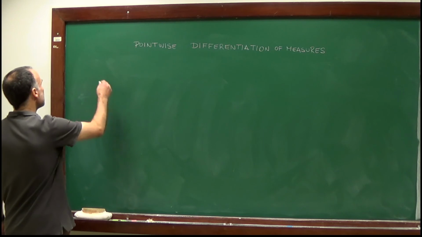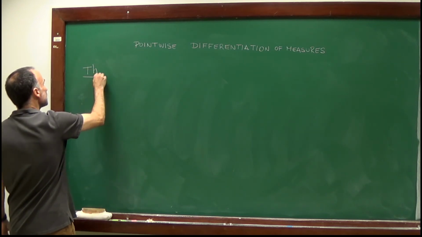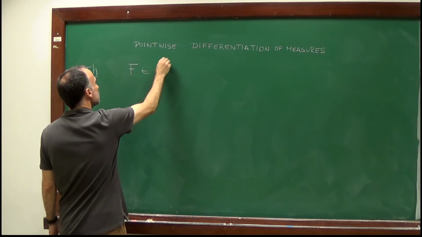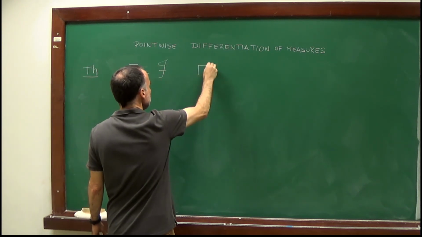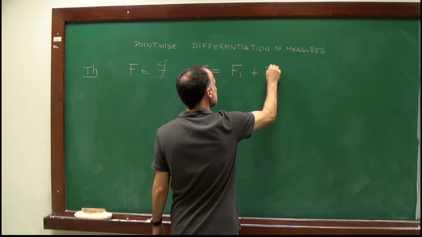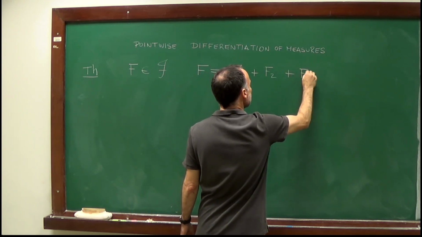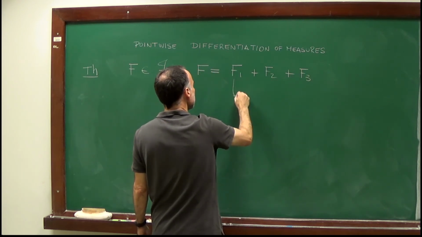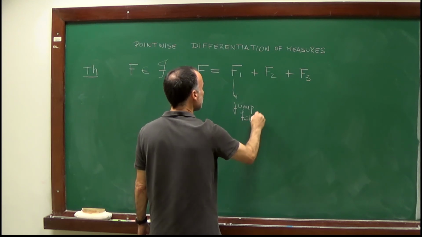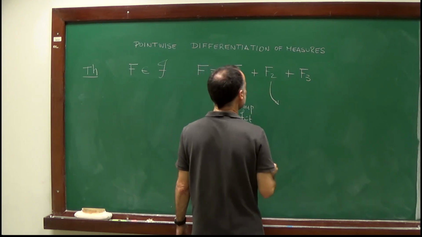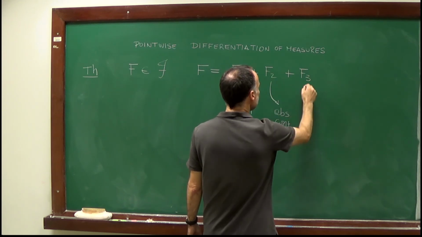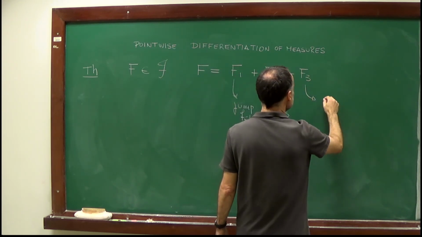So now let me state the theorem we proved: if we have a function f in F, then f can be written as f1 plus f2 plus f3, where f1 is a jump function, f2 is an absolutely continuous function, and finally f3 is a singular function.